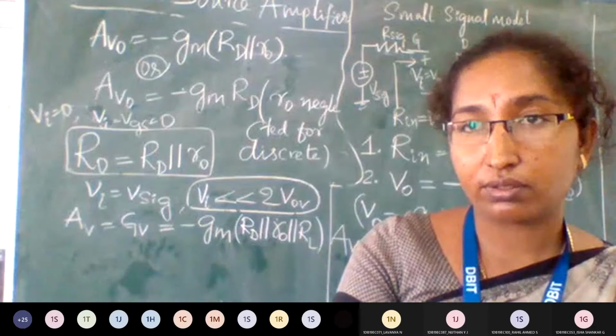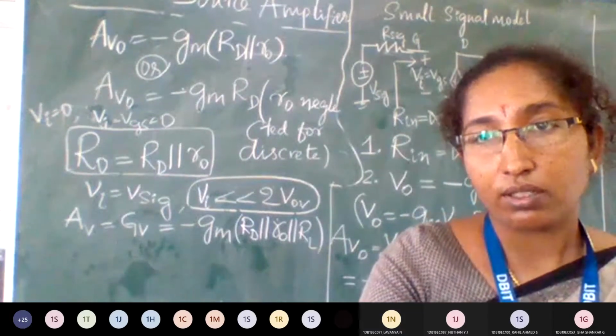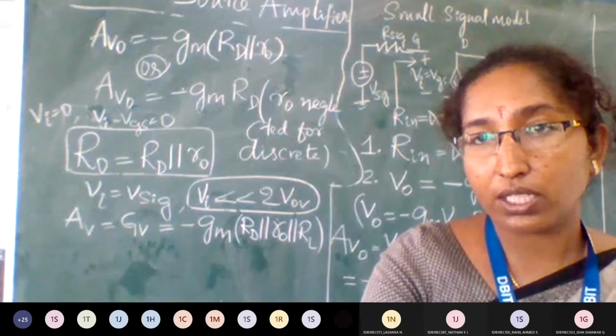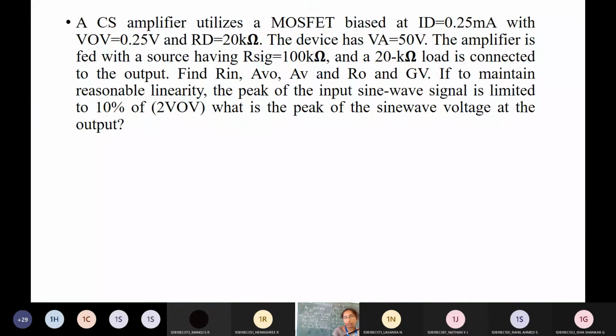Shall I continue? Just make a note of this problem or screenshot, anything is fine. A CS amplifier, that is common source amplifier, utilizes a MOSFET biased at ID 0.25 milliamps with VOV 0.25, RD 20 kilo ohms.